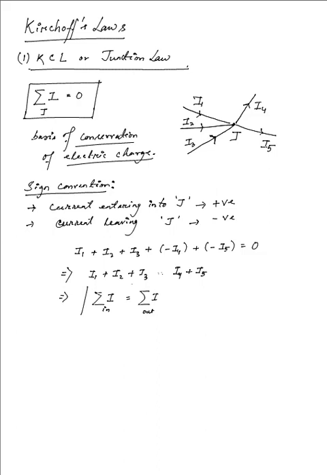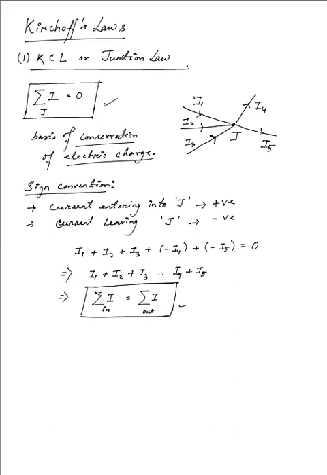This is another way of stating Kirchhoff's current law. Or we can say this is the current law and this is the junction law. Both are the same things obviously, but the interpretation is a bit different when it comes to the definition part or the statement part of it.